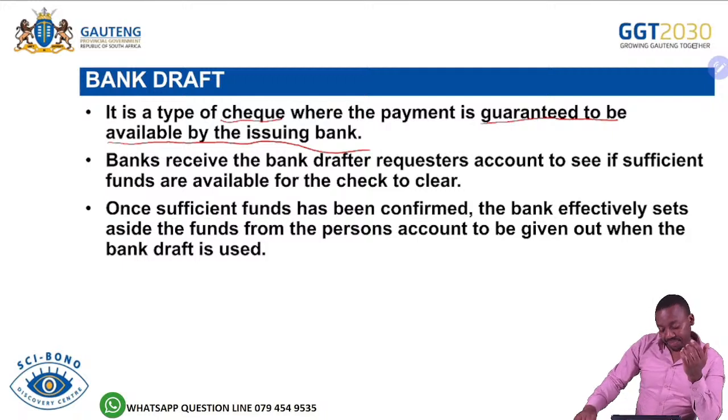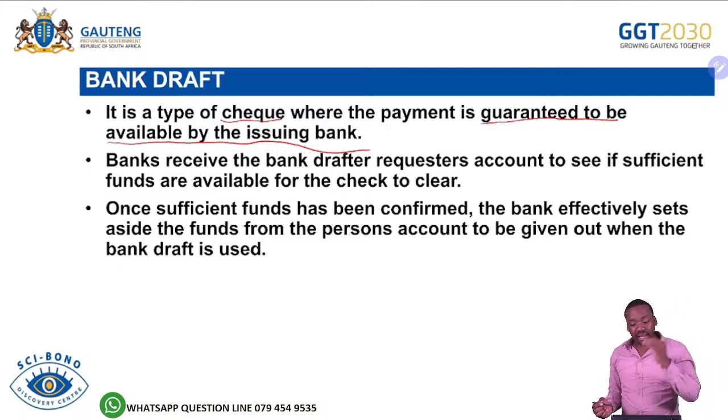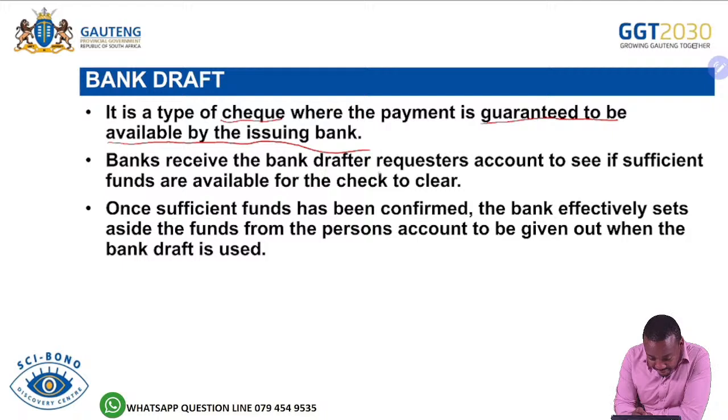What happens? The bank receives the bank draft requester's account to see if sufficient funds are available for the check to clear. Sufficient in this context means enough, right? And once sufficient funds have been confirmed, then the bank will effectively set aside the funds from the person's account to be given out when the bank draft is used.